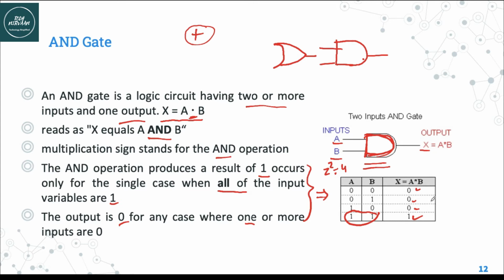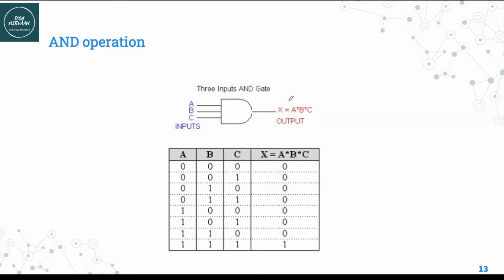Again, the AND gate is having 2 or more input. So this is the AND gate with 3 inputs, A, B and C, and X as the output. As there are 3 inputs, we have 2 raised to 3 means 8 input combinations.